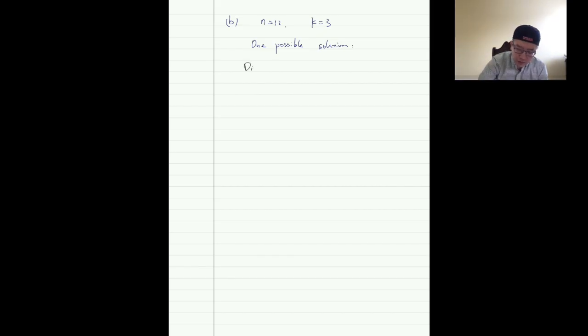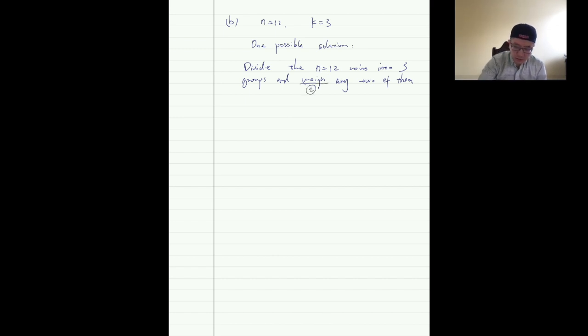So what we do is that we divide the n equals 12 coins into 3 groups, and weigh any 2 of them. Okay, any 2 of them. And of course each group has 4 coins, right? So equal partition.